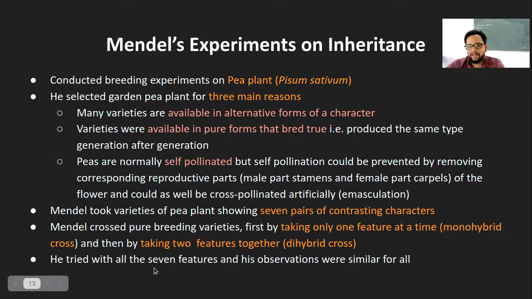And he tried with all the 7 features. So that means the monohybrid cross and dihybrid cross, all the possible combinations with all the 7 features. And his observations were similar for all. That means, irrespective of the character that he took, whatever the next generation showed, Mendel found it was the same for different types of features. That's what the last statement means.